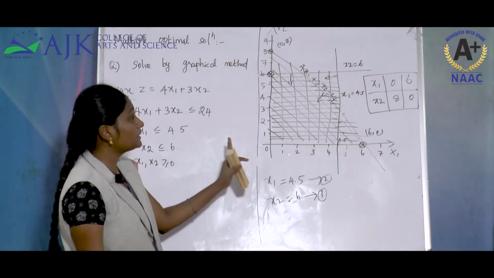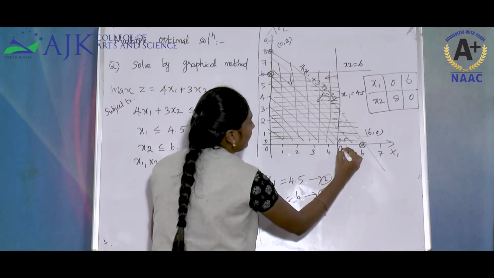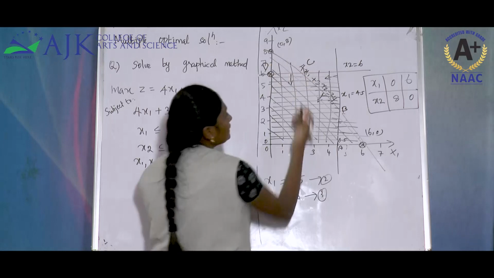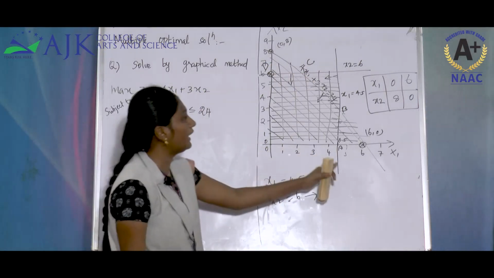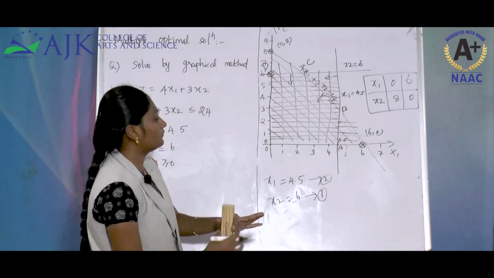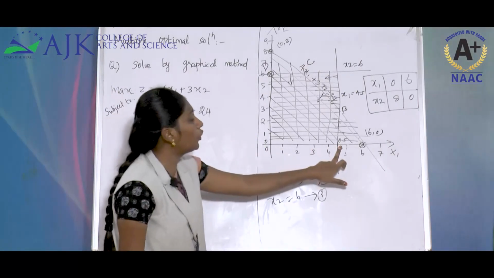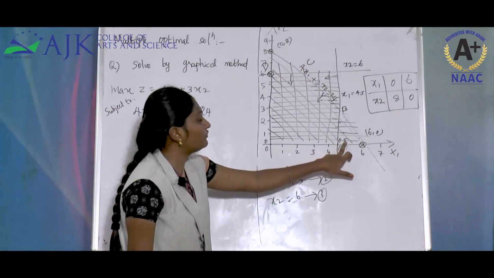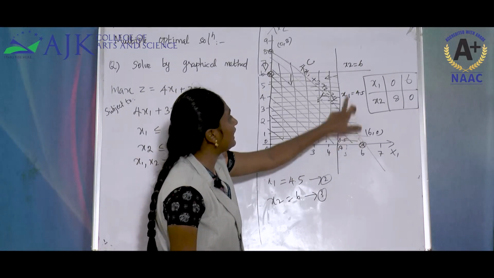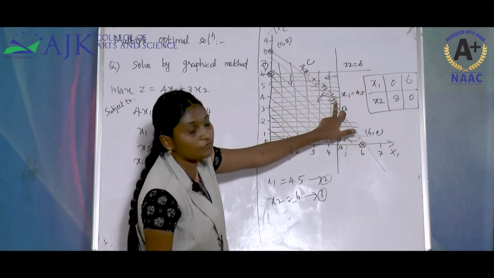Next, we have to find the solution space. The solution space is this one: O, A, B, C, D. The coordinate of O is 0, 0. The coordinate of A is 4.5, 0. The coordinate of B is the intersection of the line x1 equal to 4.5 and 4x1 plus 3x2 equal to 24.